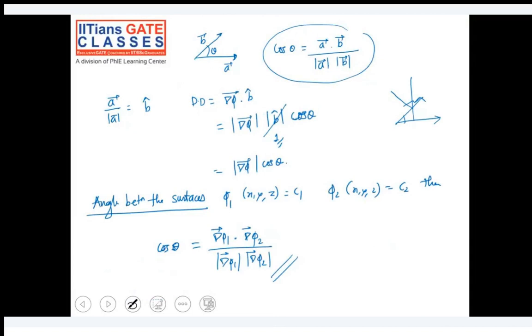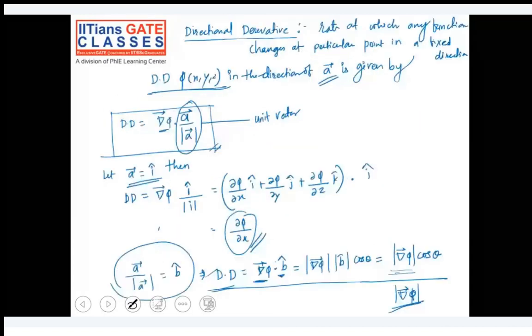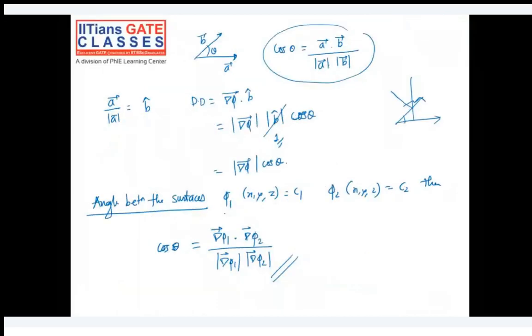Okay, so I think that's enough, and one more point is the angle between two surfaces. All these points are related to the gradient, so that's why I'm taking them. Suppose you have a surface phi1 of x, y, z equal to c1, and another function phi2 of x, y, z equal to c2.